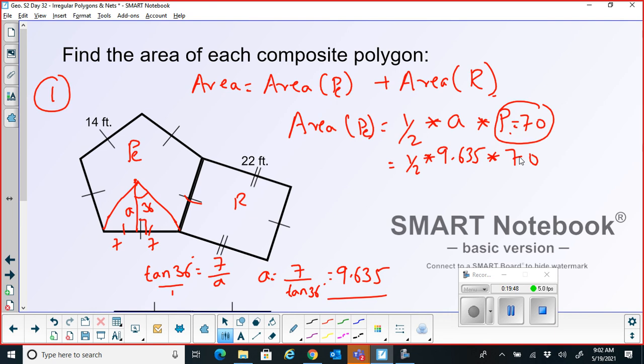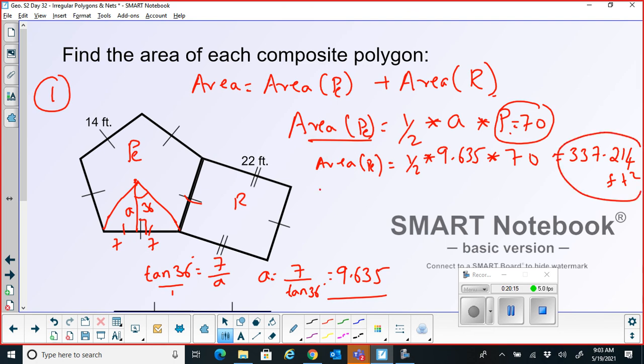That gives us 337.214 square feet. This is the area of the pentagon.